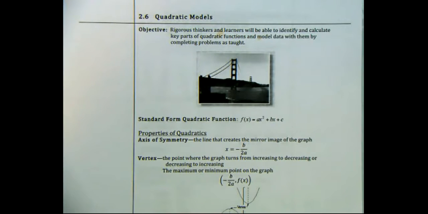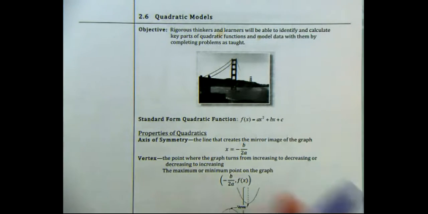We're going to be looking at the standard form of the quadratic function today. And we're going to review a little bit, and I say review because we spent a good 2-3 chapters on quadratic functions last year in Algebra 2. So technically this is a bit of a review. But we're really going to focus on that standard form of the quadratic function.